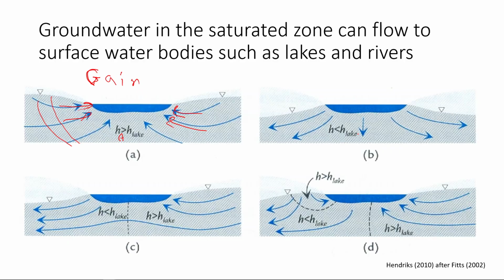In that case, you see here, this is called a losing stream, because of the aquifer's hydraulic head. That's your hydraulic head. Remember, water will always flow perpendicular to your hydraulic head contours.